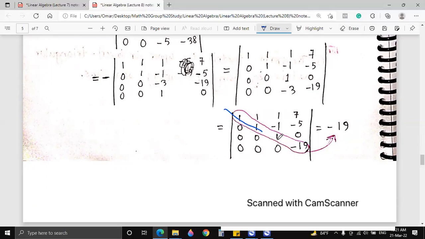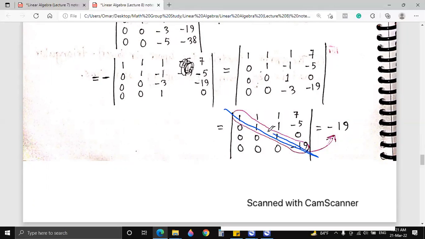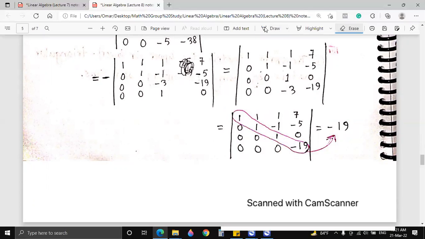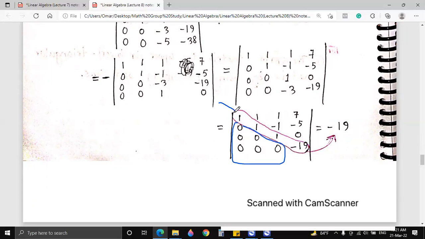So I think you will get the main diagonal this way. All the values below this main diagonal are 0. That means if we multiply the entries of the main diagonal, 1 multiply 1 multiply 1 multiply minus 19, the total value will be minus 19.